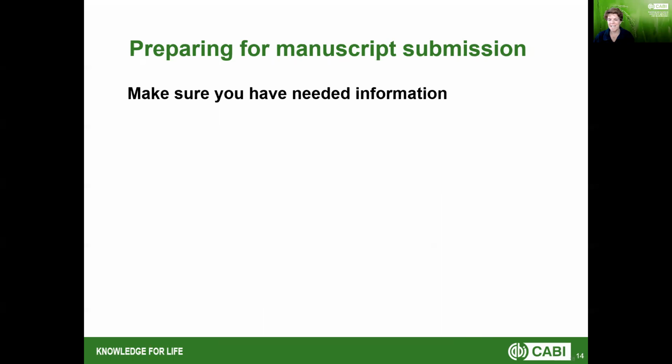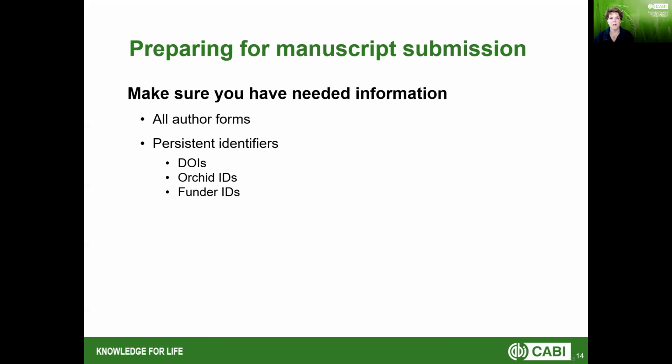So make sure, again, at the beginning of the process that you have some of these detailed requirements: all the author forms that you need, all the persistent identifiers, digital object identifiers for things in your reference list, if required by the journal, the ORCID IDs or persistent researcher identifiers, the IDs of the funding agencies that have supported the work, perhaps IDs for your institutional affiliations as well.